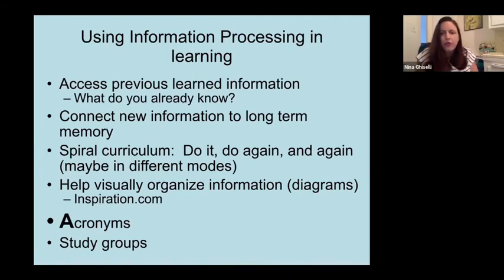So you already have a foundation in something else. If you can access that previously learned information, even if it's tangential, even if it's a little bit off, it's okay, because you will be able to connect with the material and remember it for a longer time.